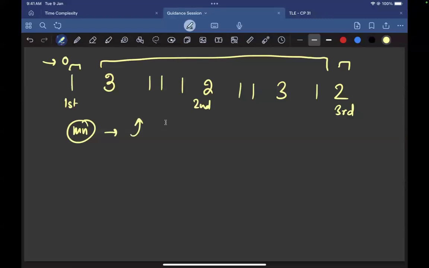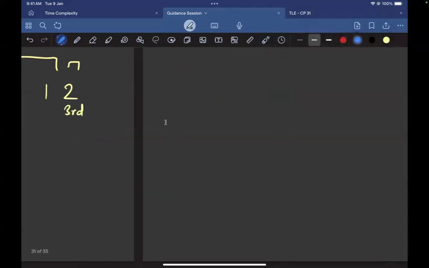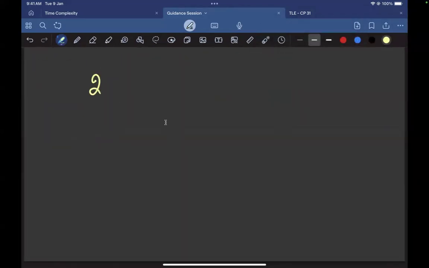And how do you get mx? Mx can simply be the highest element in the array. Okay, 2, 1. So this is like 2, 3, 1, 5, 3. Max is equal to 0.